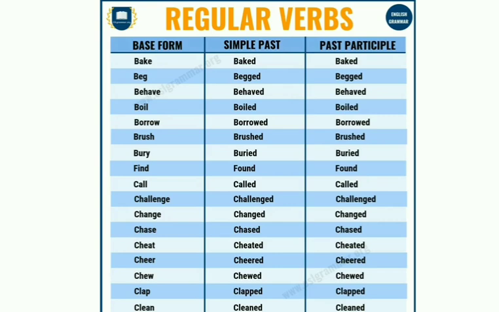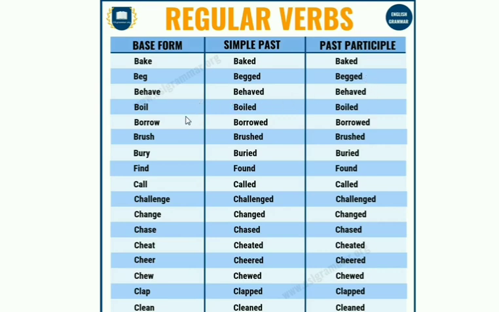We have regular and irregular verbs. These are regular verbs on the screen. This is the base form, for which if we simply add ed, you can change that into past tense, right? Bake, baked. This is past participle.